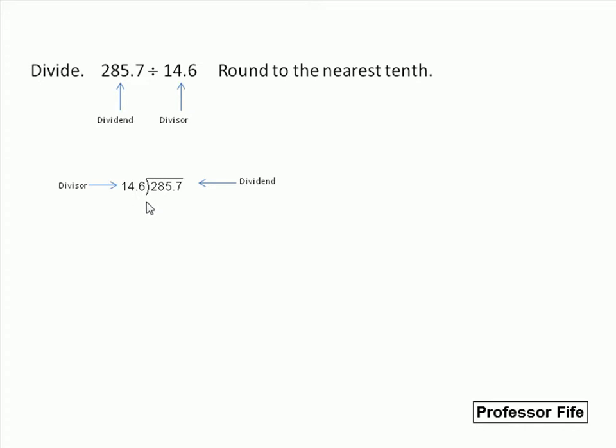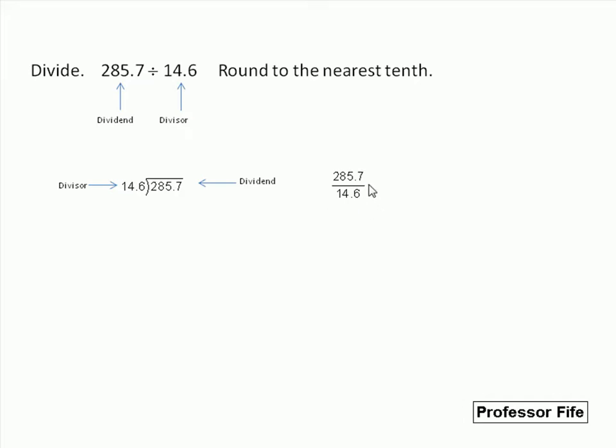Now, when you divide decimals, you want to make sure that the decimal divisor is converted to a whole number. And you can do that by using powers of 10. This division problem can also be written in fraction form as 285 7/10 over 14 6/10.